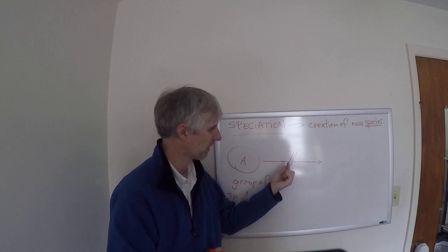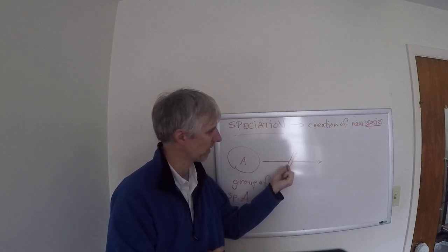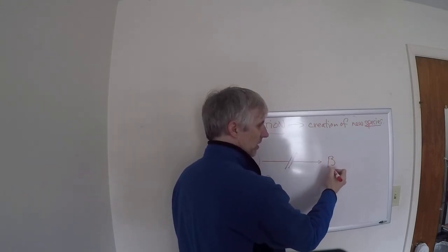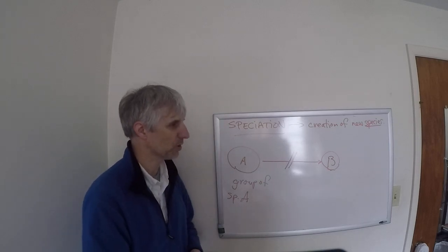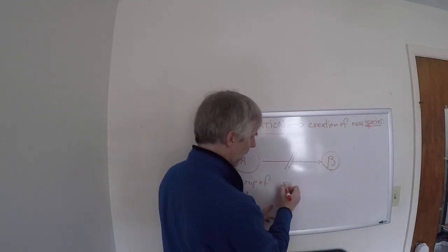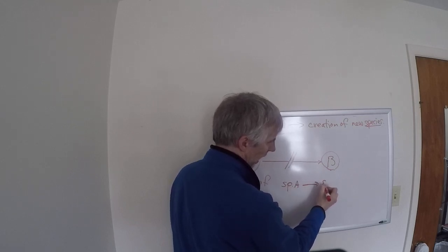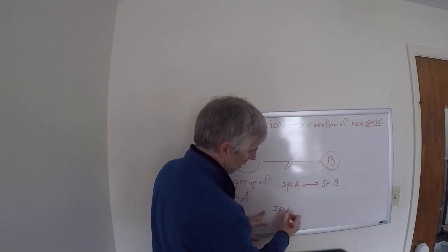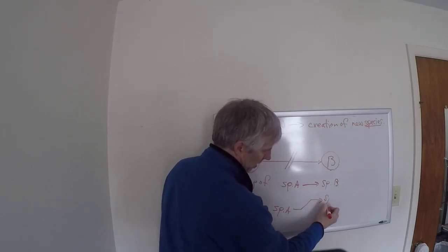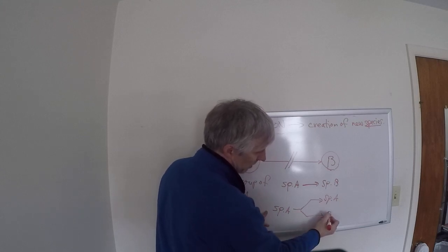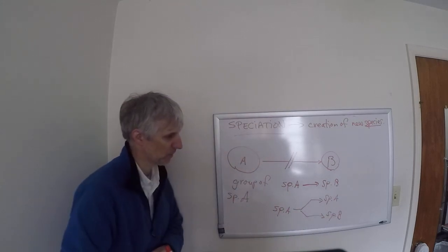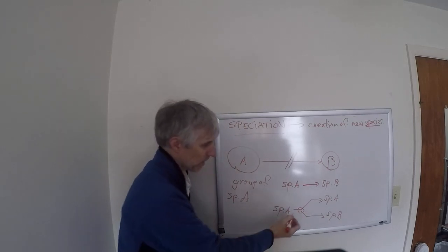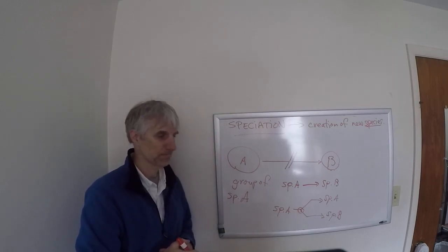This is just to indicate, I don't know how much time has passed in here, but something is going to happen in here that leads to the creation of a new species. One of the ways I could do this is to have species A become species B, or I could have something like this, where species A continues on and species B, at this point in time right here, becomes new to the planet. Okay?